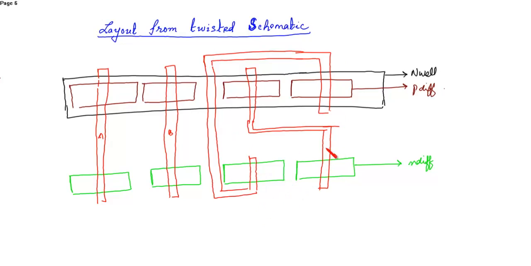Actually, we cannot connect from here directly because these two will again overlap, so we have to connect from here. And this is the poly.